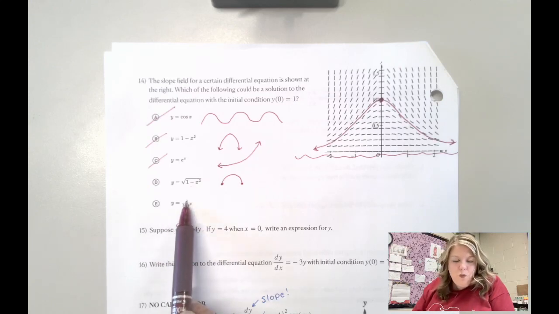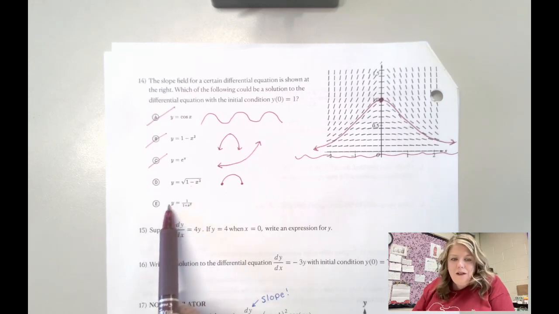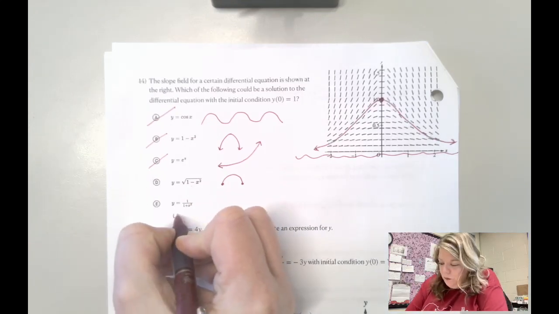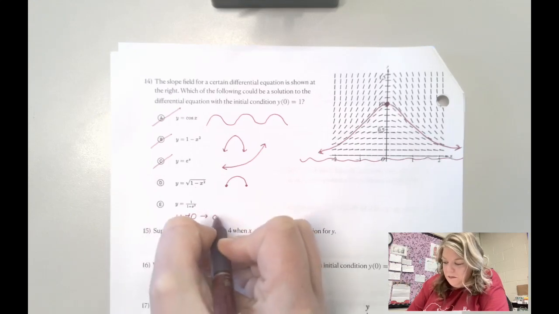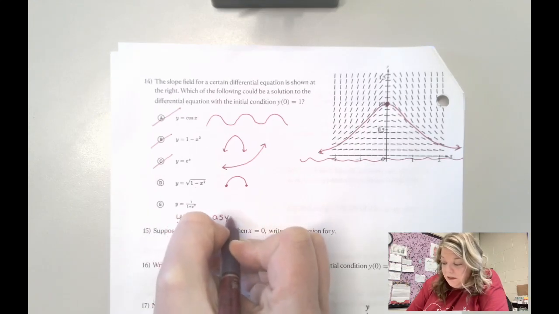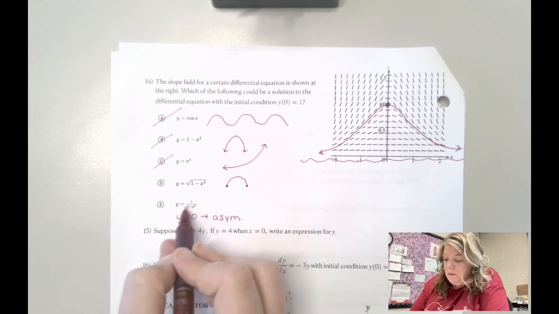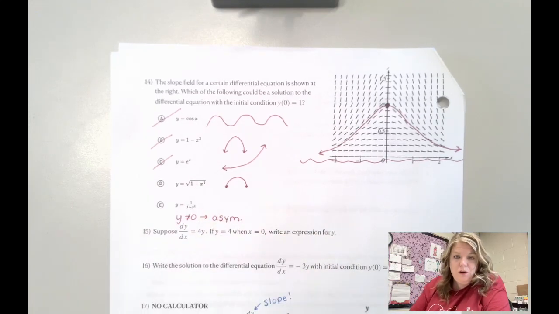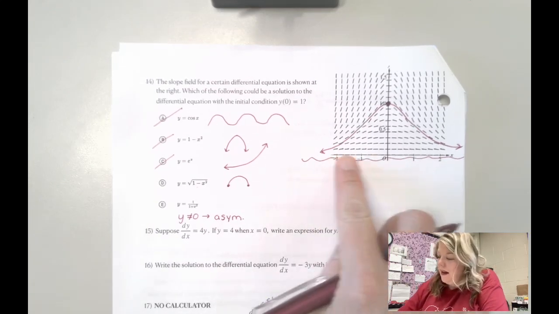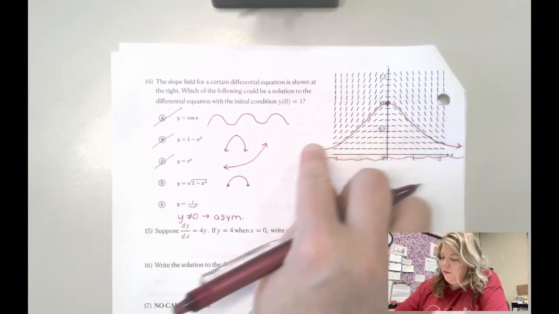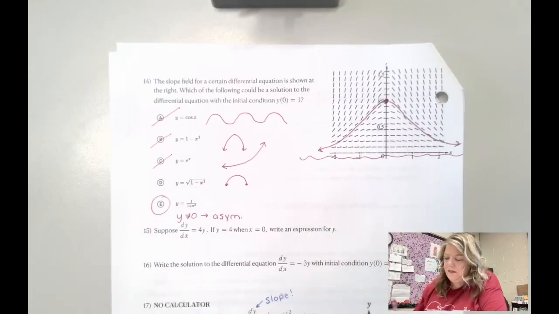It has a 1 on the top, so I can never get that y coordinate to equal 0. So y is never equal to 0, and I'm going to have an asymptote there, because I can make the bottom really big, which makes my y coordinate really small. That's exactly what I'm seeing with this graph flattening out like this. So E is the correct answer here.